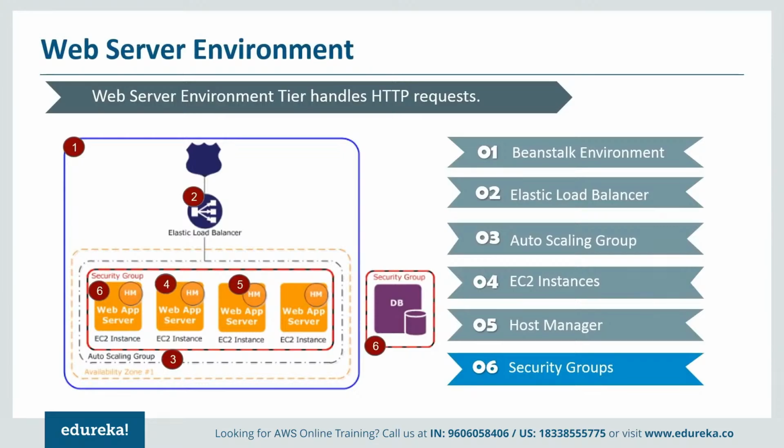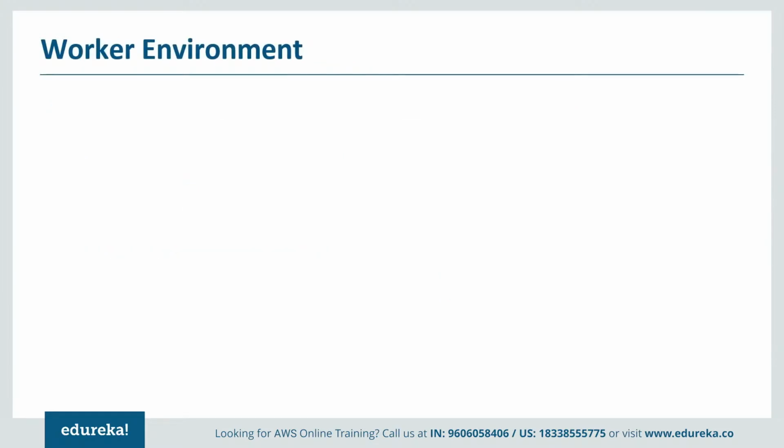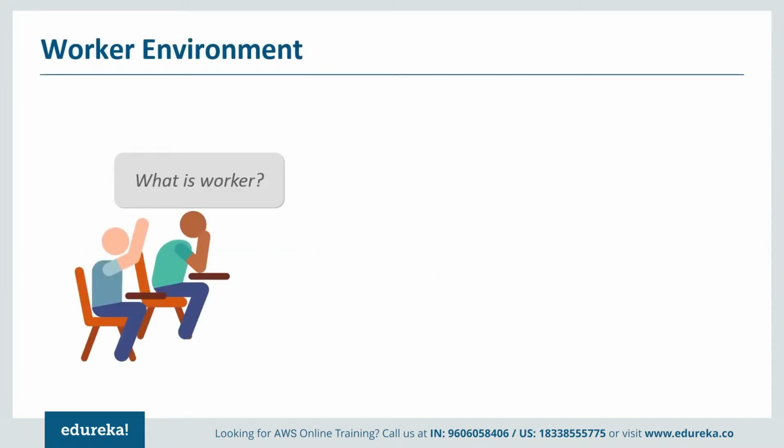Moving on, we have something called worker environment. The first question that comes to our mind is, what is a worker? Well, suppose your web server has received a request from a client, but while it's trying to process the request, it comes across tasks which are consuming a lot of resources and taking a lot of time, because of which it's quite possible that your web server might deny other requests. So it forwards these requests to something called a worker.